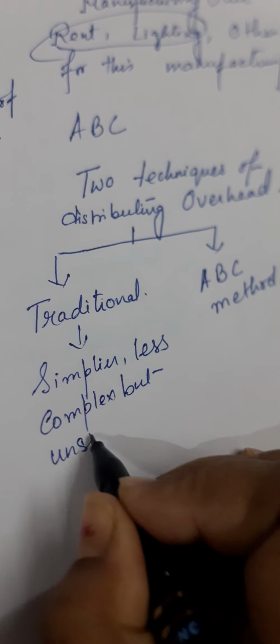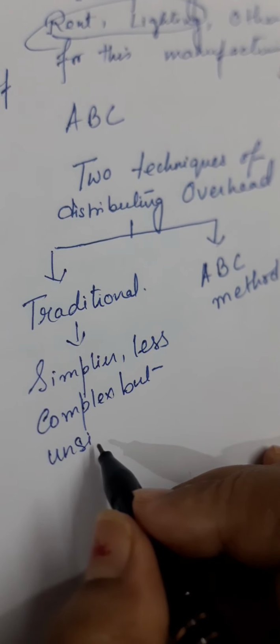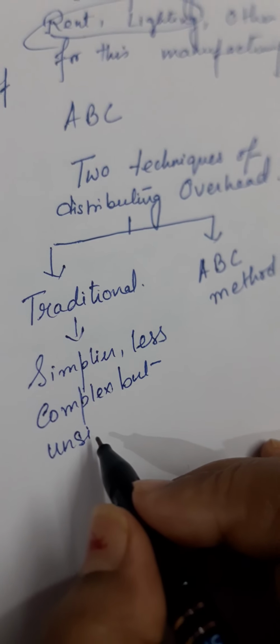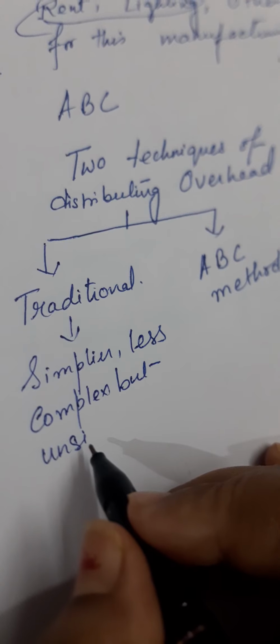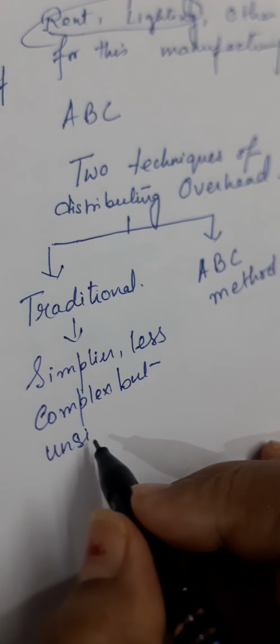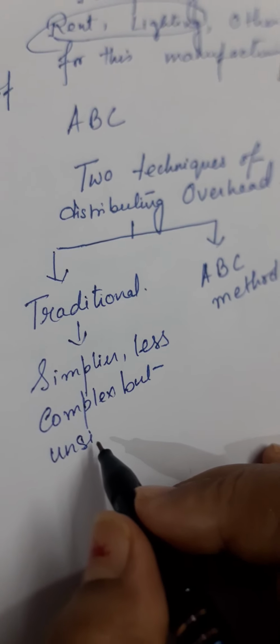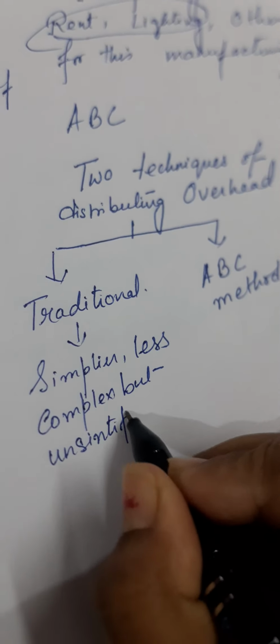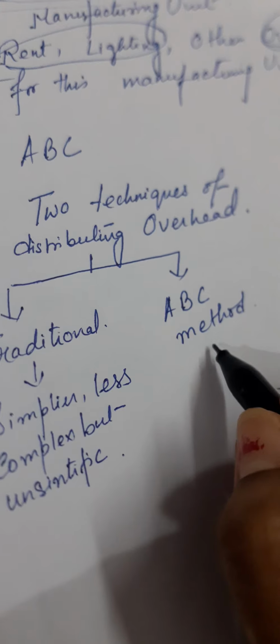Where we find out labor hour rate, where we find out machine hour rate, is still a bit scientific, where we find out direct material cost per unit, labor wages, labor cost per unit. So it's easier but unscientific.